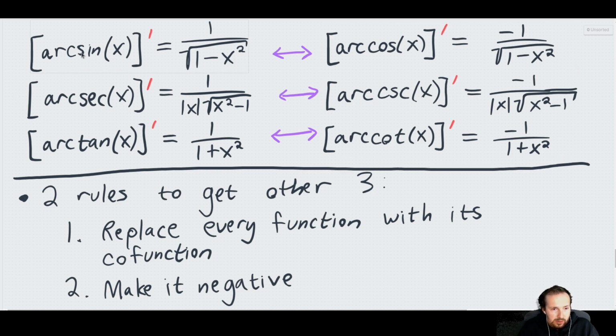So instead of arc sine, it's going to be arc cosine for the derivative, and then make it negative. Secant, cosecant, make it negative. Tangent, cotangent, make it negative. Basically, for the inverse trig derivatives, on the right side of the equation there are no trig functions like there are for the trig derivatives. It's all just functions of x. So effectively, on the right side of the equal sign, the rule just becomes make it negative.